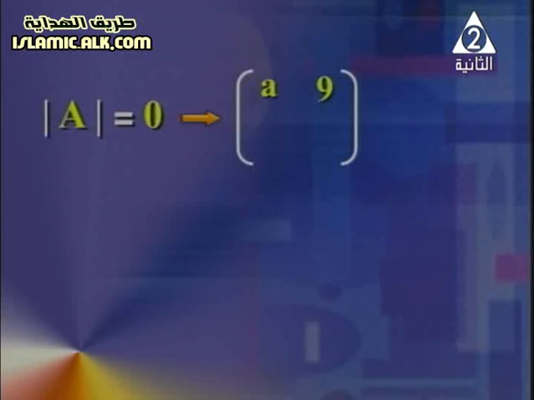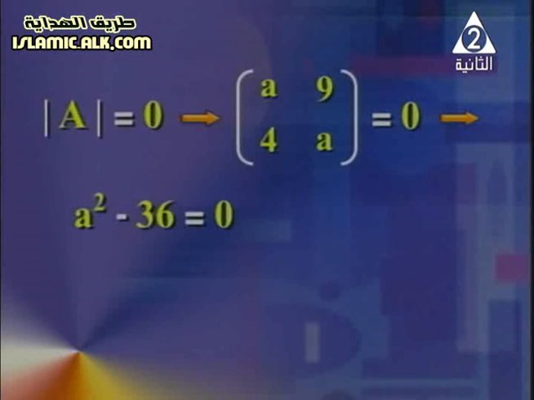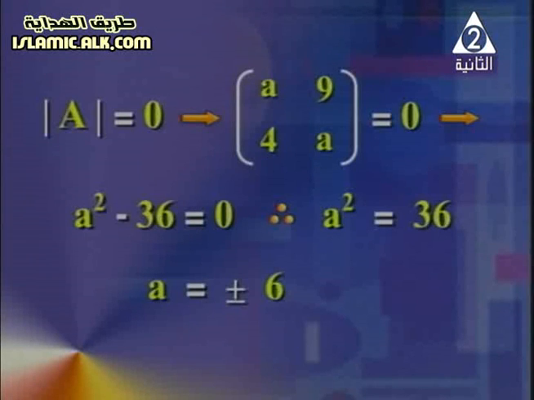Then the determinant of [9, 4; A, A] equals 0, by using A times A squared minus 4 times 9 equals 36, then A squared equals 36, then A equals positive or negative 6.